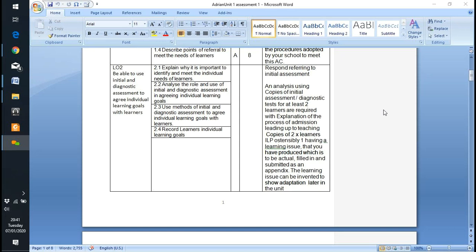And then all you really need to do is say, these are copies of two of my students who have been assessed for initial assessment, and the results have been added into the learning plan, and a copy of the learning plan goes in for those two learners to show that operation has been done.